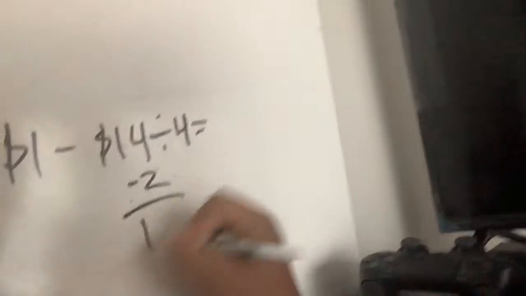So, divided by 4, it's not going to give you anything. So you might think, oh, we just do minus 2, and bam, 12, got 3 right there.